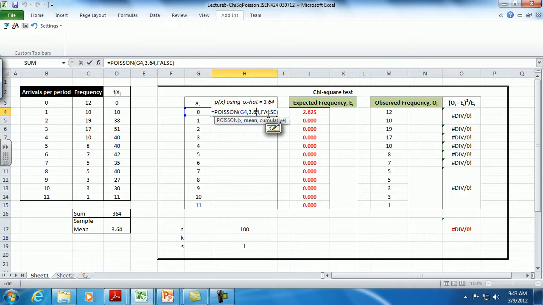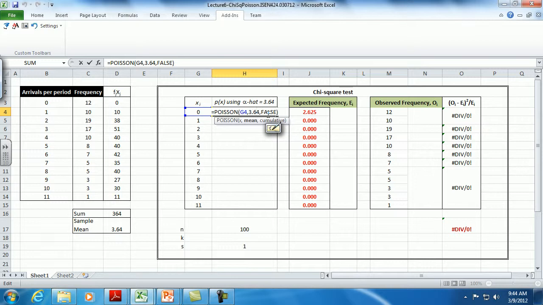And we want to get the probability mass function, not the cumulative probability. Okay, so we want the probability mass function. Remember, we are using a discrete distribution, which is the Poisson. So for the Poisson, instead of having the probability density function, we have the probability mass function.